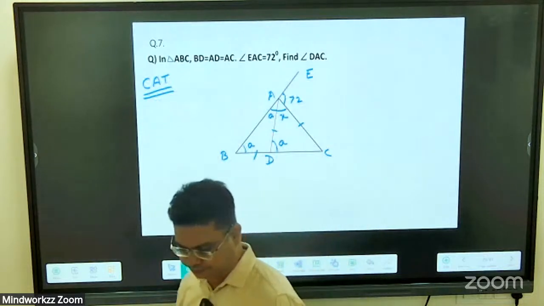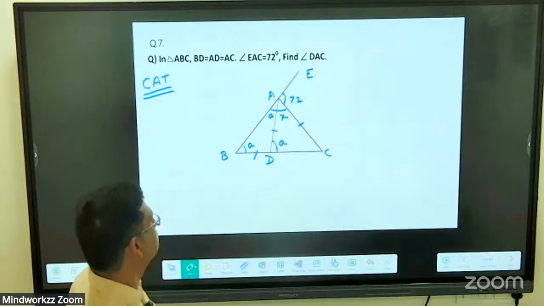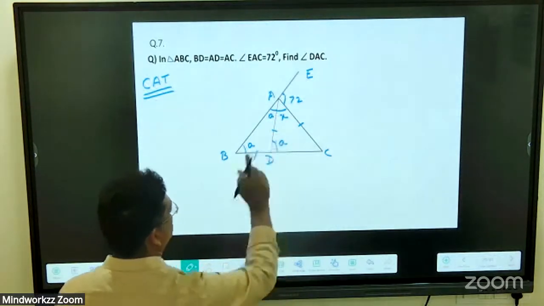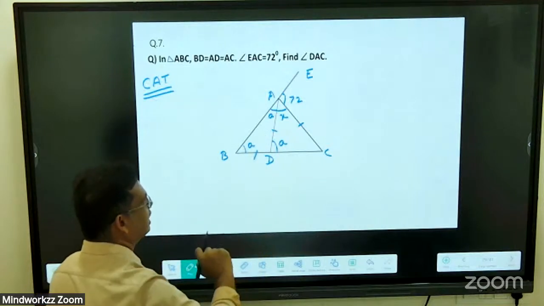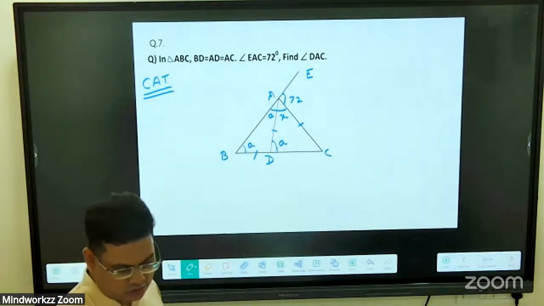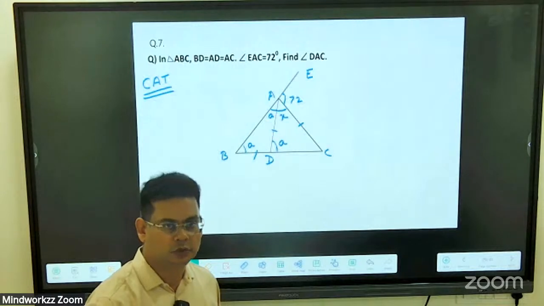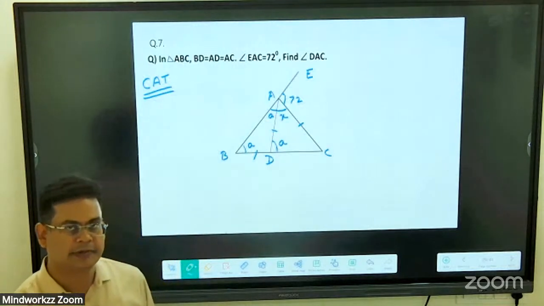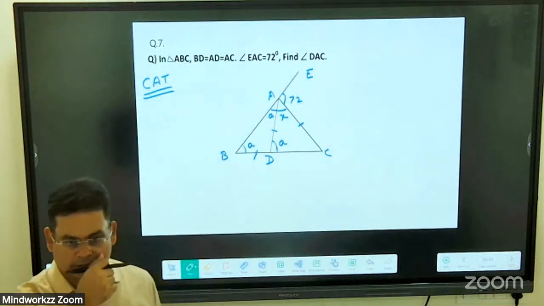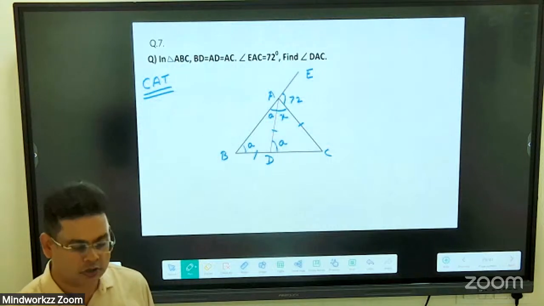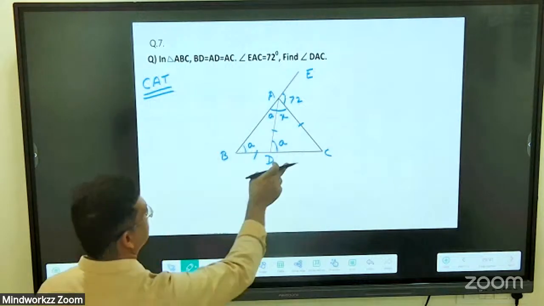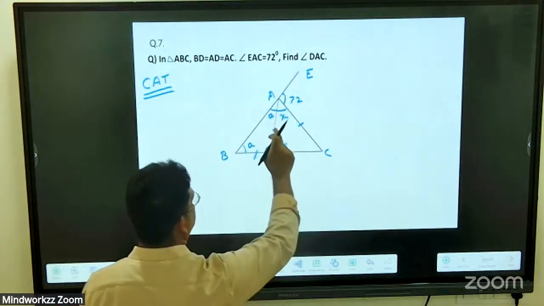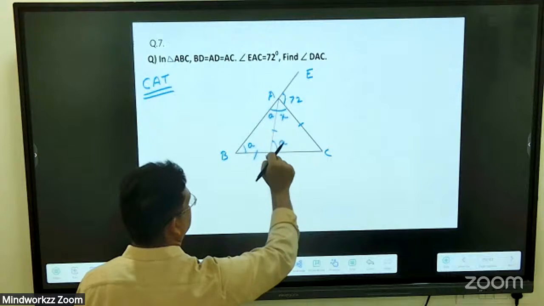Right? Fine. So this will not be A, because the theorem which we said talked about when two sides are equal, two angles will be equal, but in the same triangle. In two different triangles, it will not hold, right? So these are two different triangles. We know that this side and this side, BD and AD, are equal.